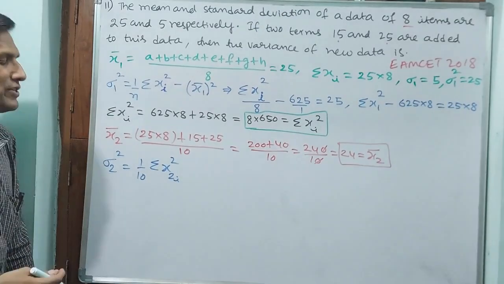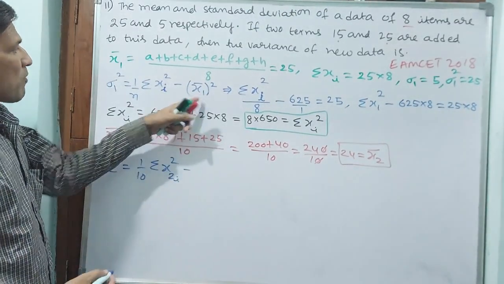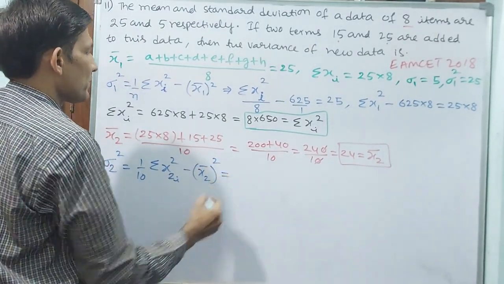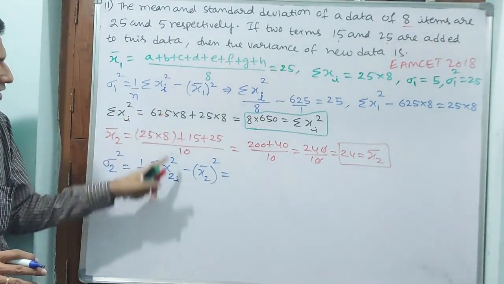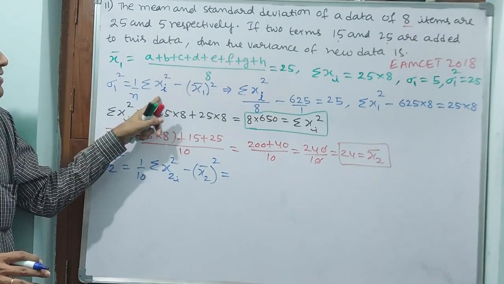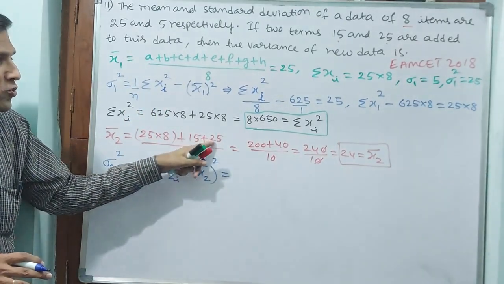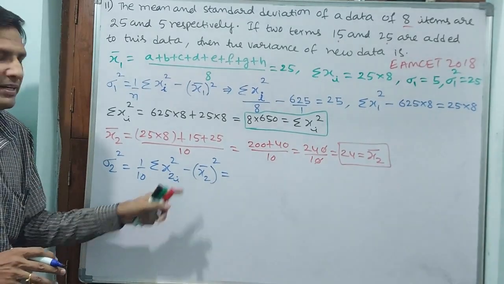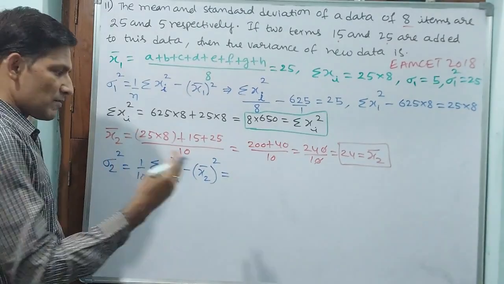Okay. x2i square minus x2 bar whole square. Okay. Understand this? Why? Because x1 was there, xi was there, x2i we have written. Why? Because this is for first series xi. This is for second series. Second series 2 items included. That is why x2i I have taken. But this we can take liberty. Okay, now you see, this we have to find. That is why LHS will not come, RHS you have to find.